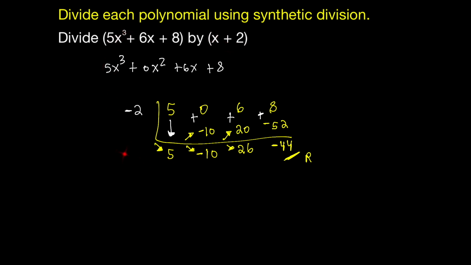Since I had x to the third power, the first term is going to be with x squared. So my solution is going to be 5x squared minus 10x plus 26, and we're going to subtract 44 over x plus 2. And that would be the solution.